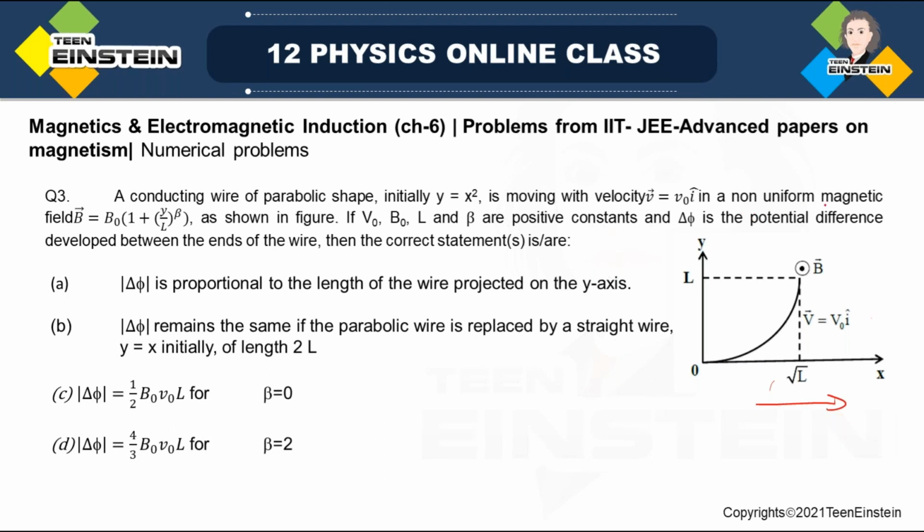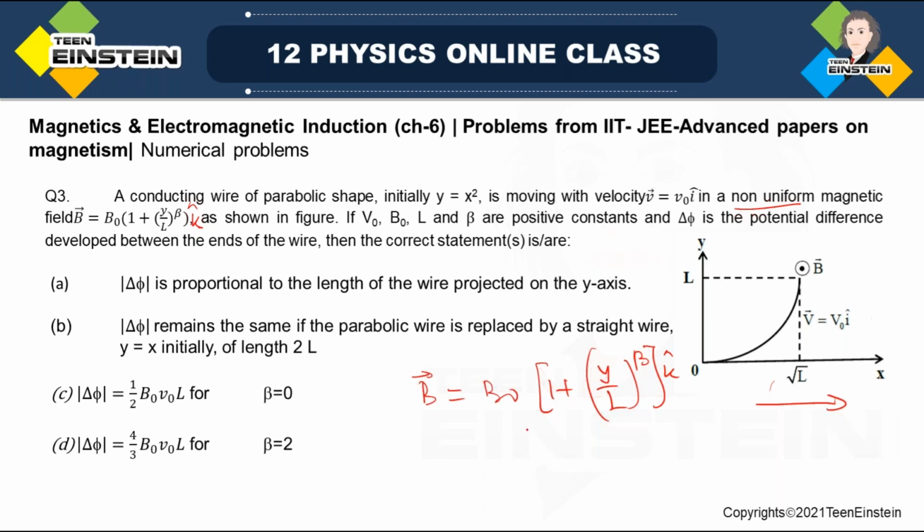The magnetic field is this. This is not a uniform magnetic field, this is a non-uniform magnetic field. B is equal to B0 along K cap direction, B0 times 1 plus y by L whole to the power beta K cap.